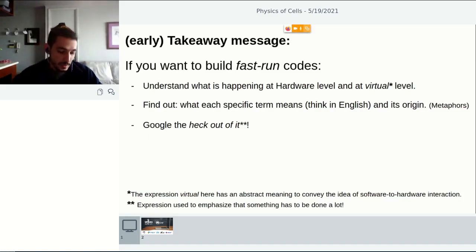So basically, you have a CPU on your PC, and when you execute a certain code, you are passing the information to the RAM memory, and then this information will be read by the CPU, and then the CPU will execute the code. Or when you run a C or a Fortran algorithm, you are already sending the instructions directly to the CPU.